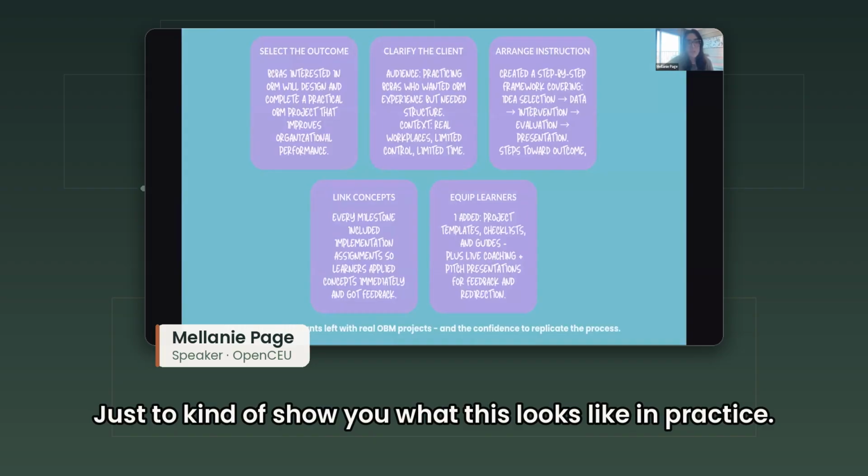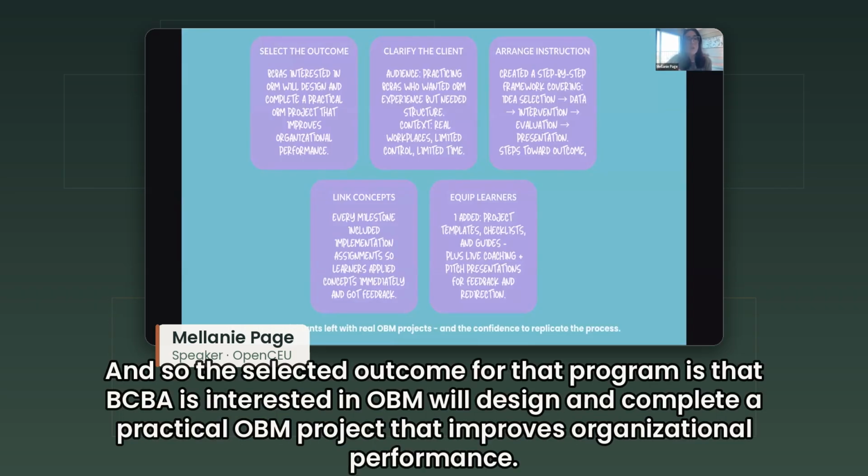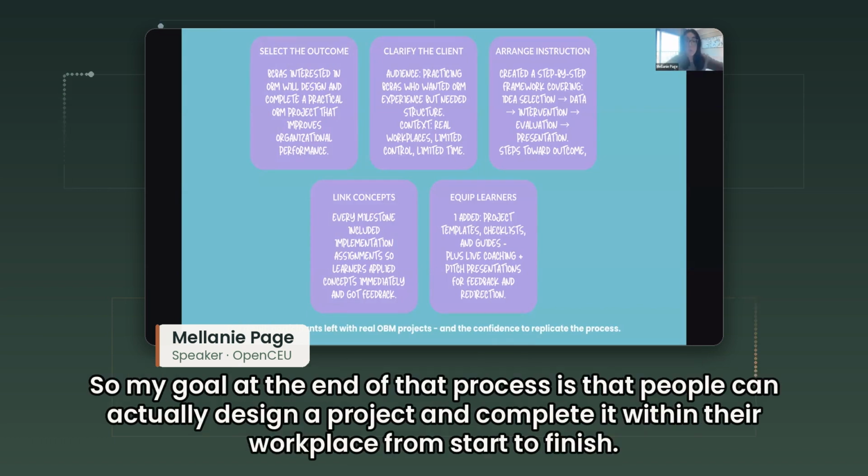Just to show you what this looks like in practice, this is how my OBM practitioner program follows that S.C.A.L.E framework. The selected outcome for that program is that BCBAs interested in OBM will design and complete a practical OBM project that improves organizational performance. So my goal at the end of that process is that people can actually design a project and complete it within their workplace from start to finish, right?